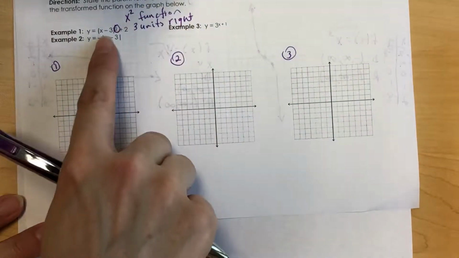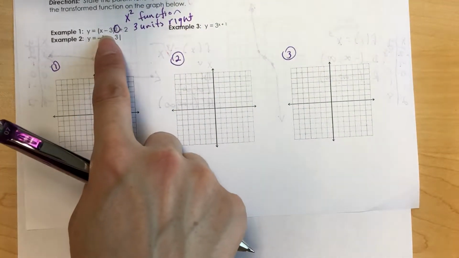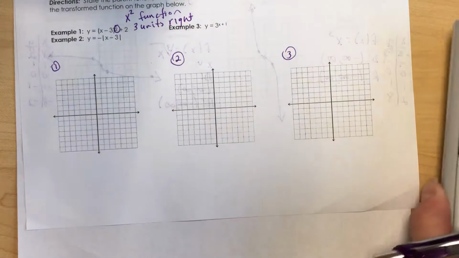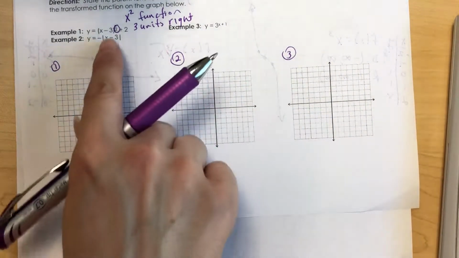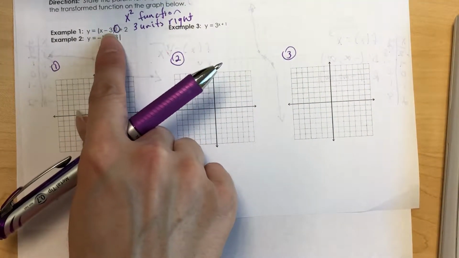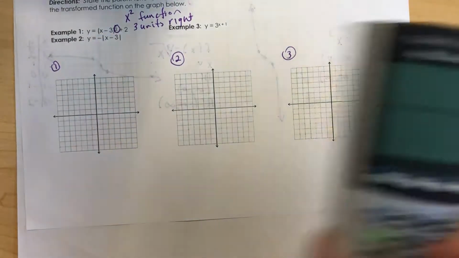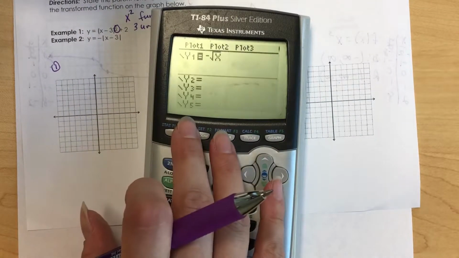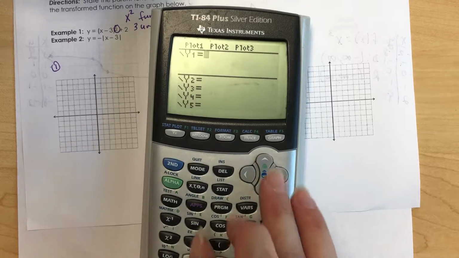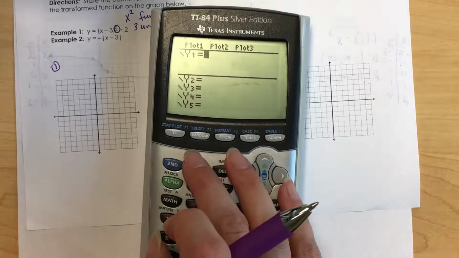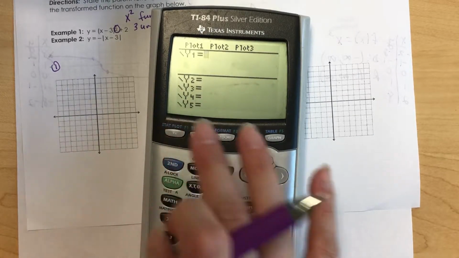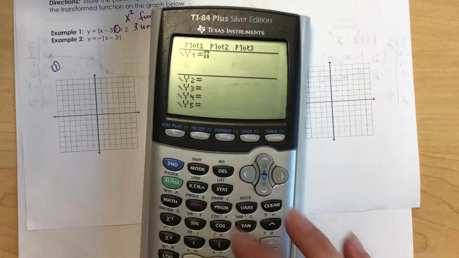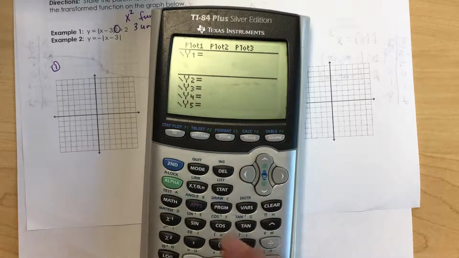Now that probably seems confusing at first, but the horizontal shifts are always going to be backwards from what you would expect them to be. If I go to my calculator again, I did square root of x before, and remember it started at the origin. But what if I typed in square root of x minus 3 and then graphed it?